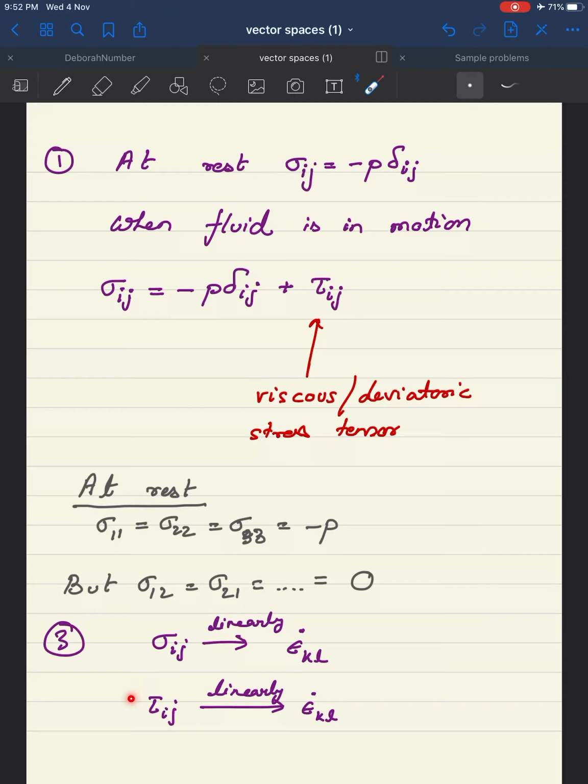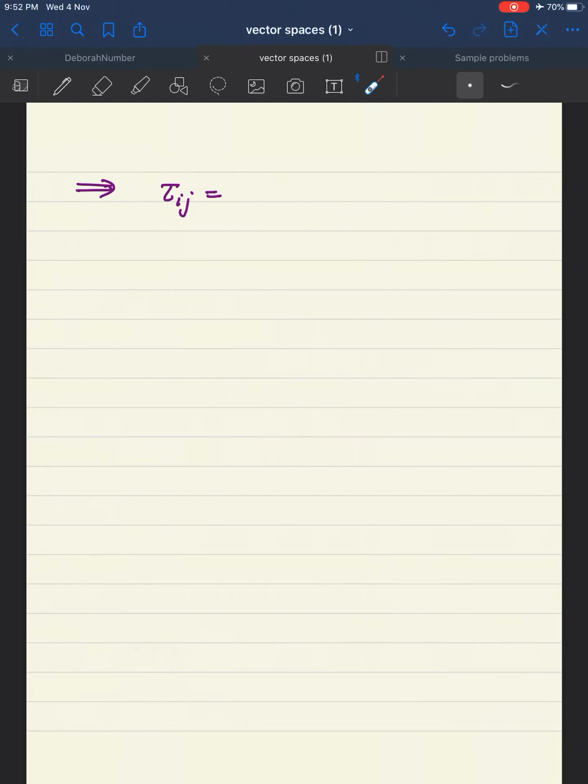But now you have a 3 into 3 matrix related to another 3 into 3 matrix. So it can be shown that this linear relationship will be given by a matrix of 9 into 9, because each of these has 9 components, so 81.